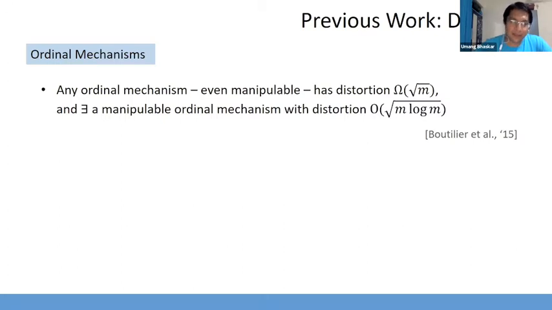And there exists an ordinal mechanism which has distortion of order square root m log m. So except for the square root log m factor, this is nearly tight. Ordinal mechanisms, forget truthfulness, just because of this translation from cardinal to ordinal, we already lose the square root m factor.